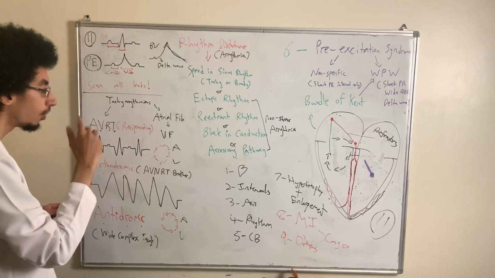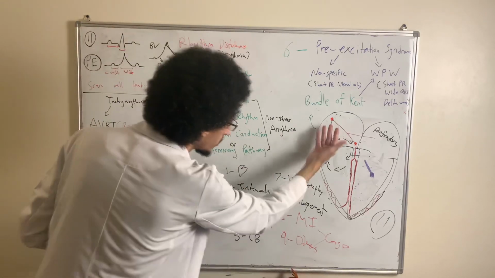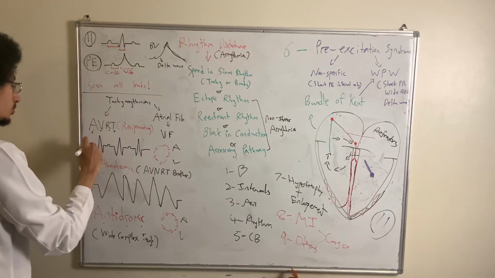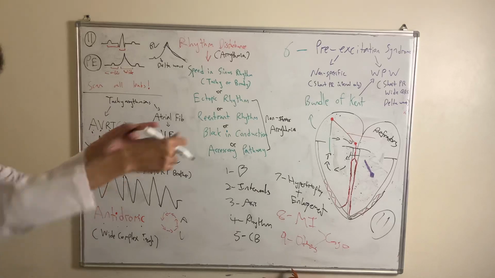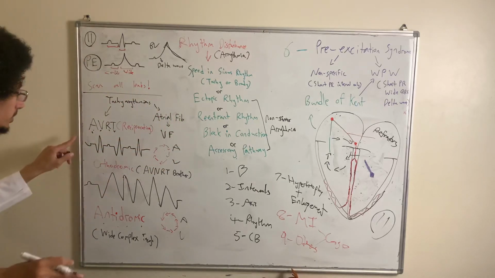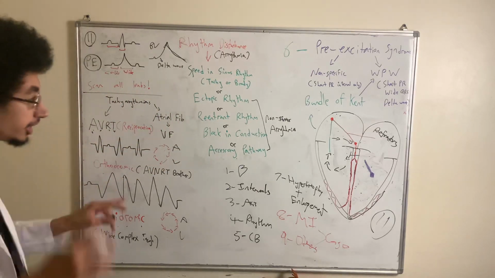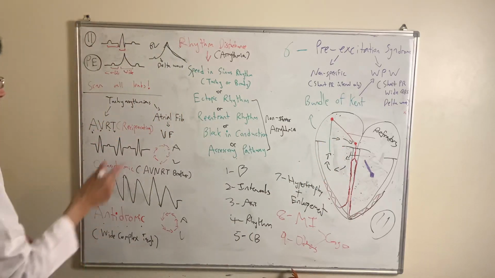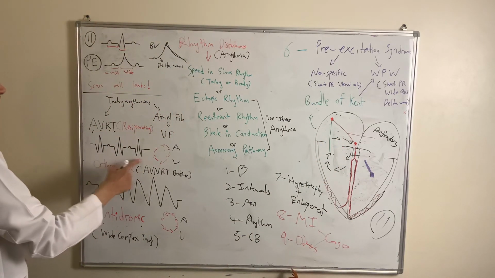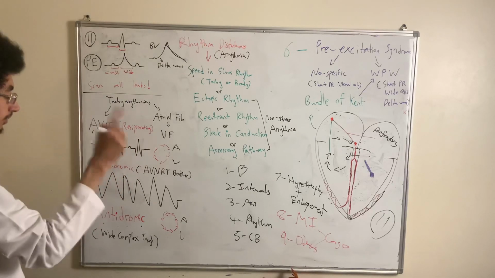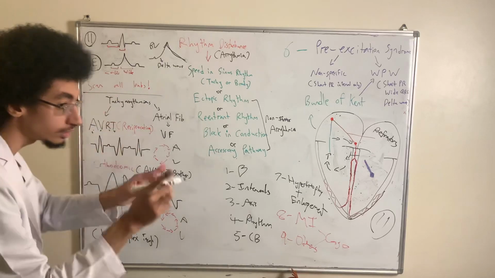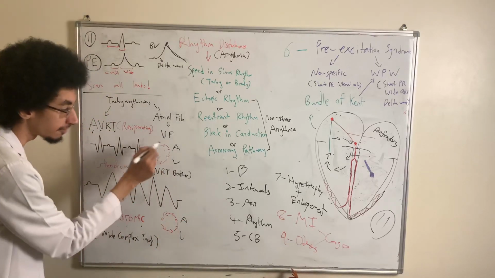Or in some cases, it will depolarize the opposite way towards the right atrium, and you might have a retrograde P wave, as you remember from the previous video. But normally, in such a case, you will not find any P wave depolarizing the normal way. It will be hidden, and instead you might just see a narrow QRS complex that is tachycardic and regular. The same finding as AVNRT, but the origin is different.